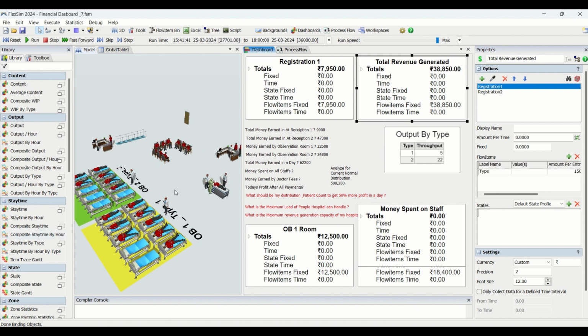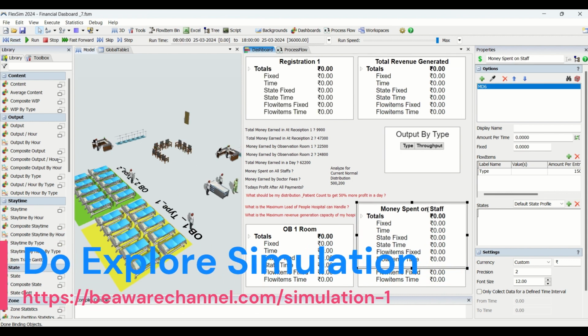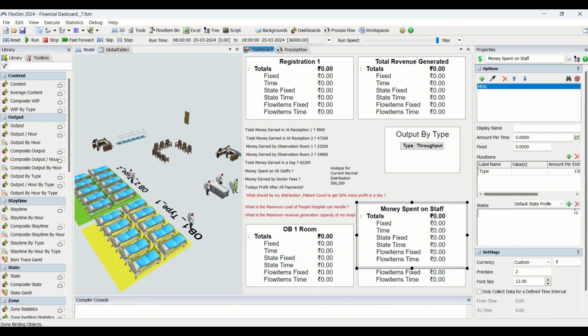Now receptions and these are areas, so they will have entries and exits. But what about this? This is a resource. Okay, and as this is a resource, this will not be applicable for this area. We cannot get the financial dashboards created because it is for flow items.